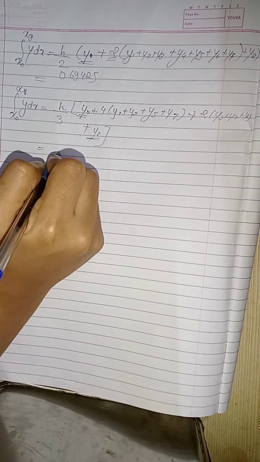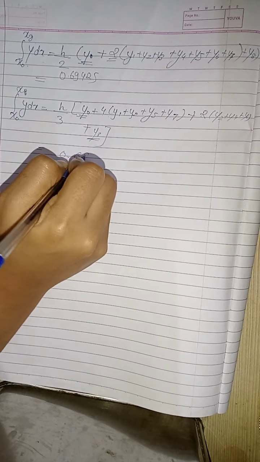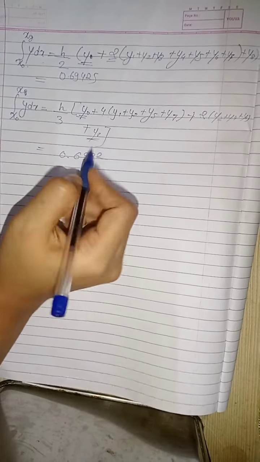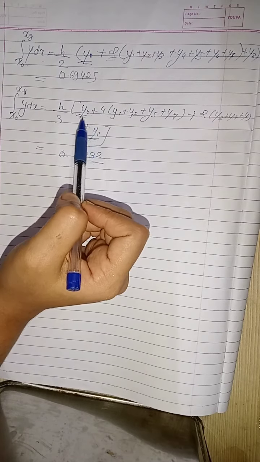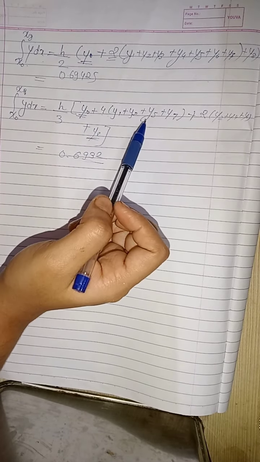This will give you 0.6932. So that's the value by Simpson's rule after substituting the values we had obtained.